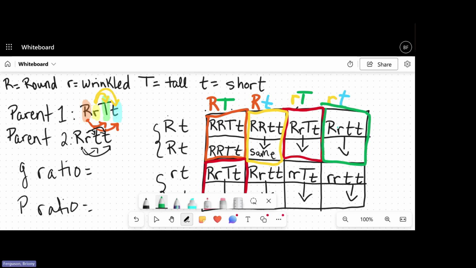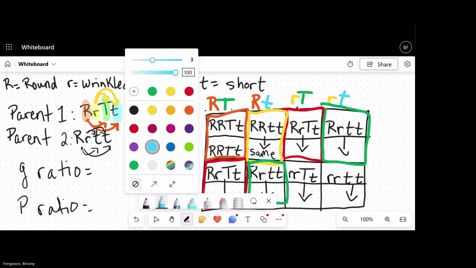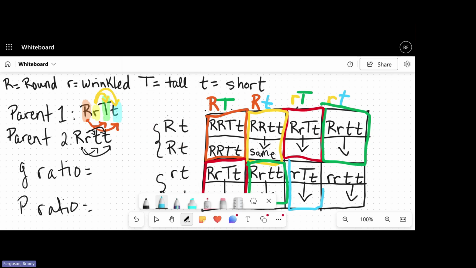This one where we have a heterozygous for one trait and a homozygous recessive for the other also has doubles. And then these are each their own type.